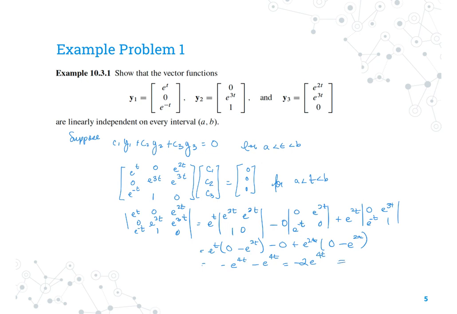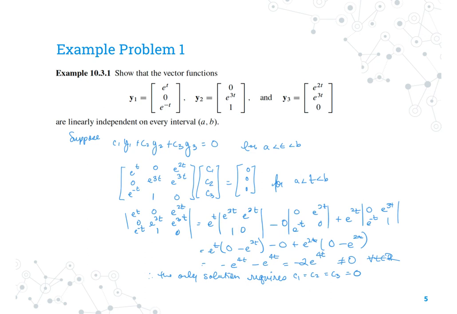Well, this is never going to equal 0 for all t. So that means the only solution here requires c1 = c2 = c3, which would all have to be 0.